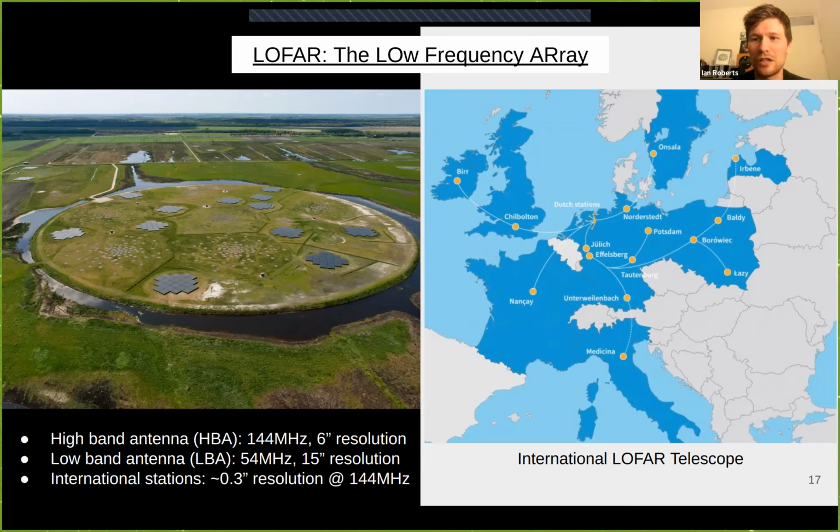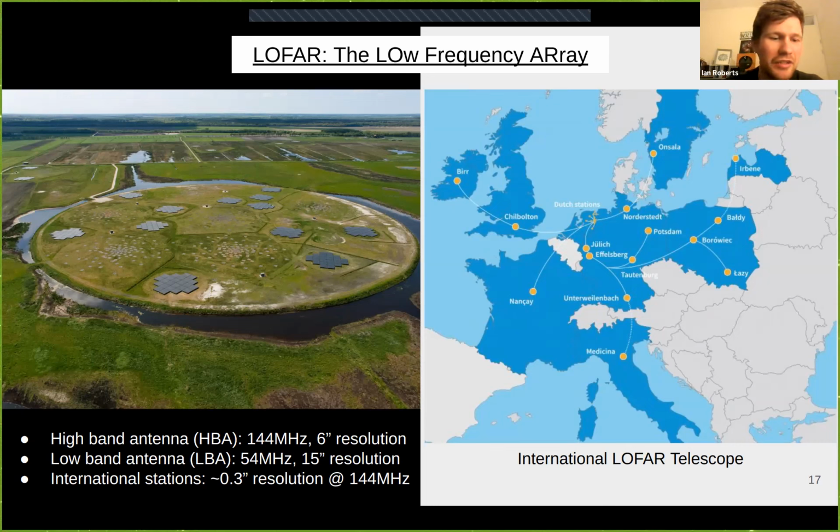There are a lot of people in Leiden right now who are working hard on developing the software and the computing resources to process the data from the international stations as well. But if you can do that, and there has been some success, with papers coming out over the last year in particular, you can get down to 0.5, 0.3 arcsecond resolution at 150 megahertz.